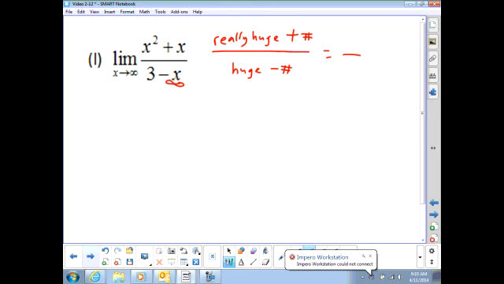Therefore, you can't use your coefficients, and it's not going to go to 0. This is a slant asymptote case. With your slant asymptotes, it was either going to go to positive infinity or negative infinity as it went along those slant asymptotes. We just figured out here, because we're going to have a positive over a negative, it's going to in fact go to negative infinity.